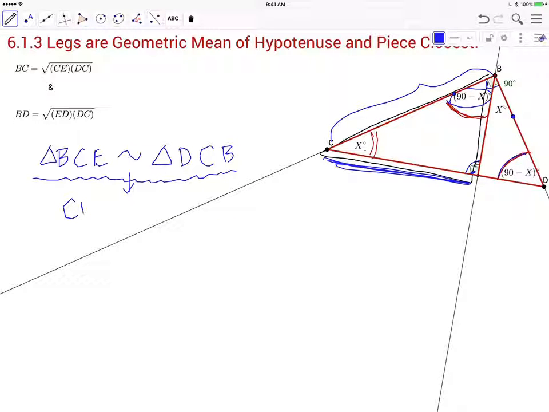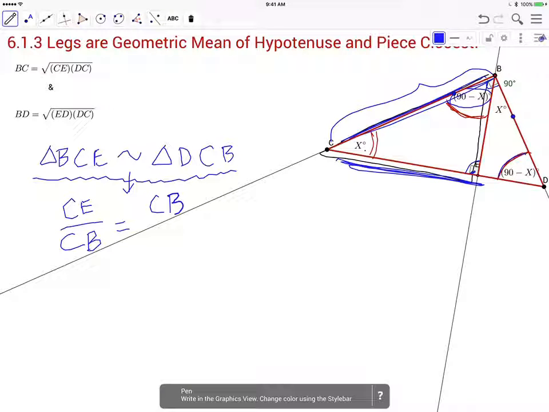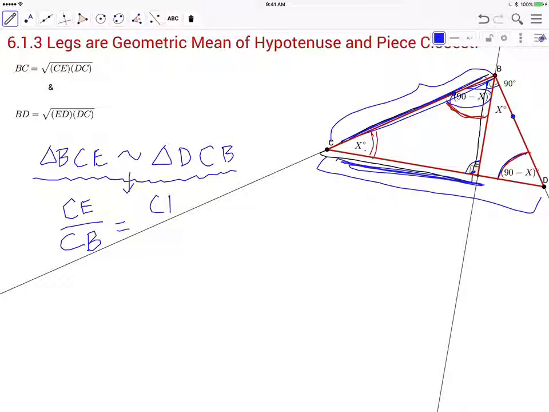So CE relates to CB the same way that, now I've got to be careful, the hypotenuse of the medium, which is BC or CB, relates to the hypotenuse of the large, which is right here. So CE is to CB as CB is to DC.